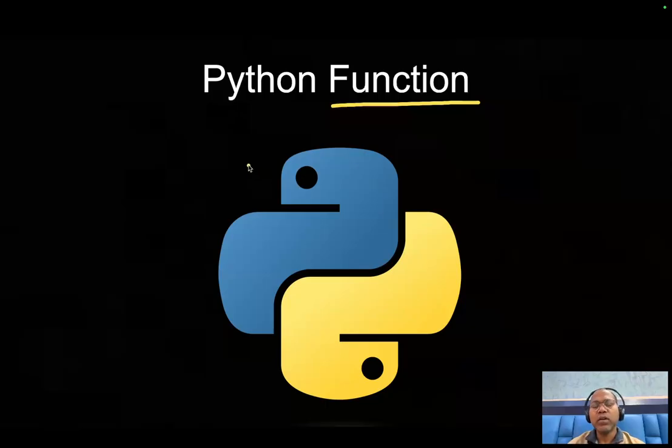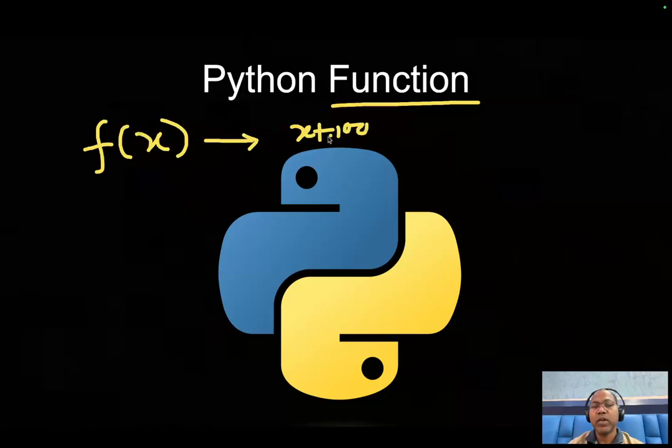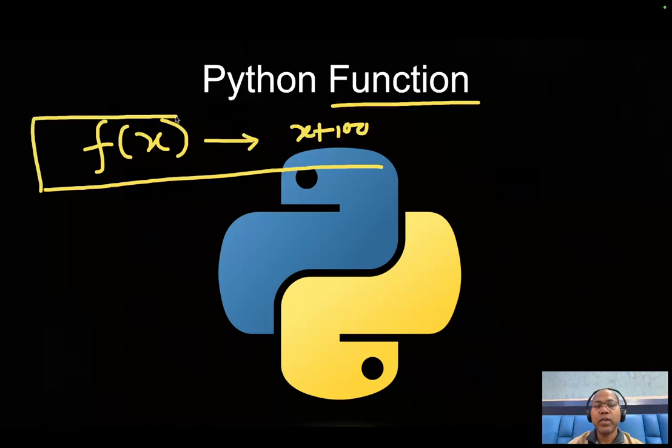One thing: the term function is used in mathematics. In mathematics, if a function takes x as input, it can return x plus 100. This is the basic mathematical syntax of a function.